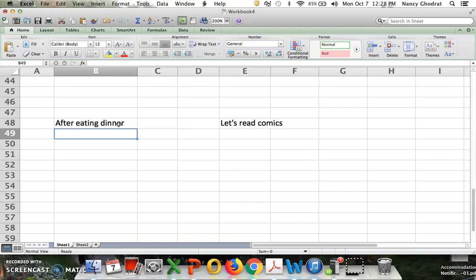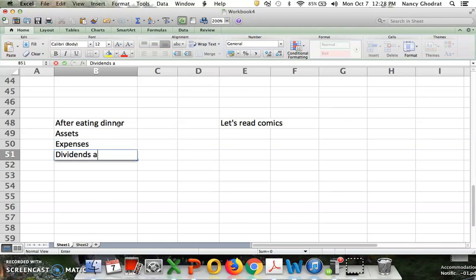That means assets, expenses, and dividends are increased by debit.